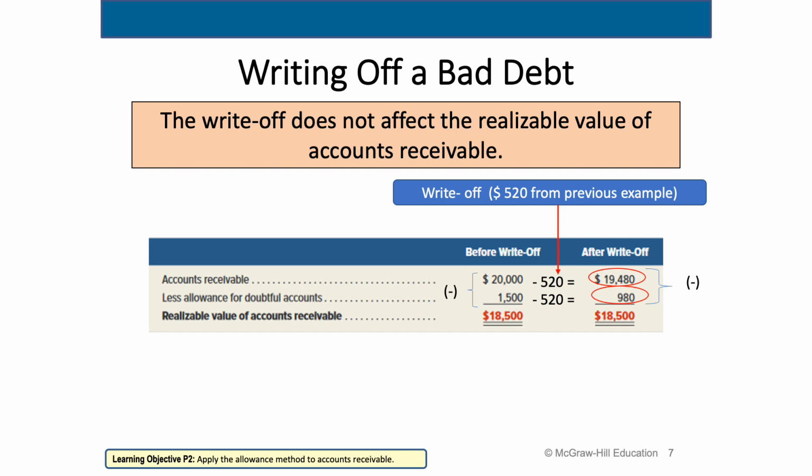So now you have to remember, the write-off does not affect the realizable value of the accounts receivable. Even if you write off, because you're quite sure that you're not going to collect any money from this customer, you record the write-off entry, but the net accounts receivable is not going to be affected, before the write-off or after the write-off.